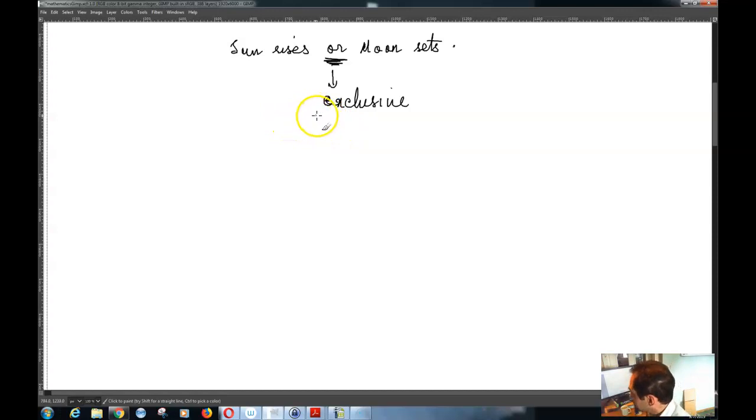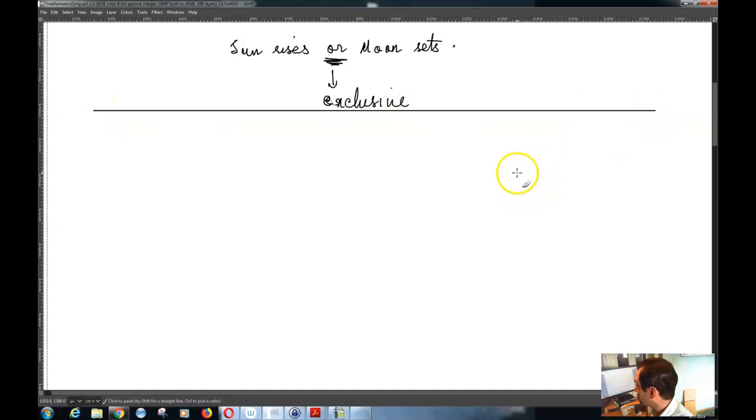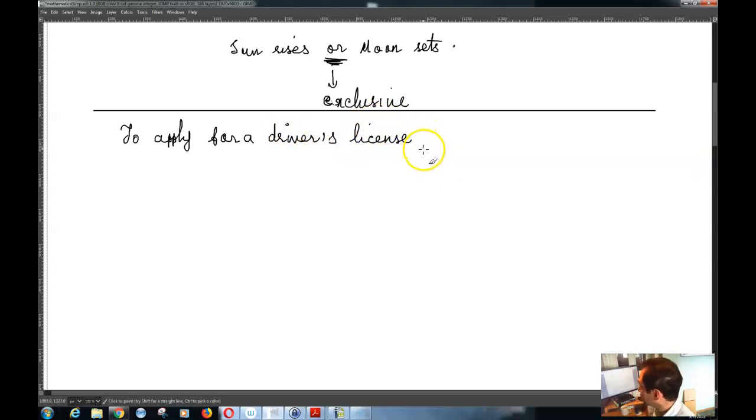Or suppose that you say, for example, to apply for a driver's license, you should have a ration card.